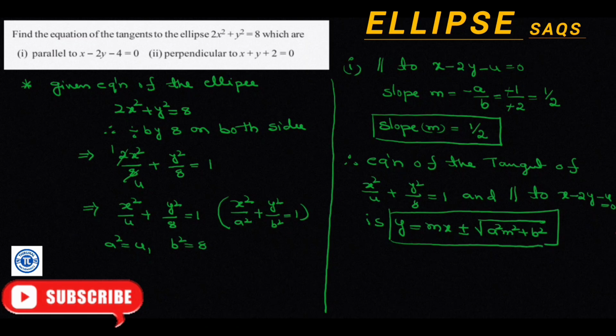Now here substitute a square value is equal to 4, b square value 8 and m value slope 1 by 2.